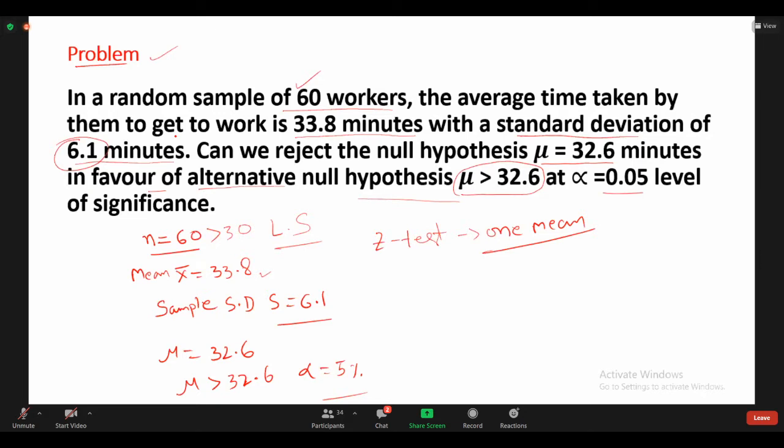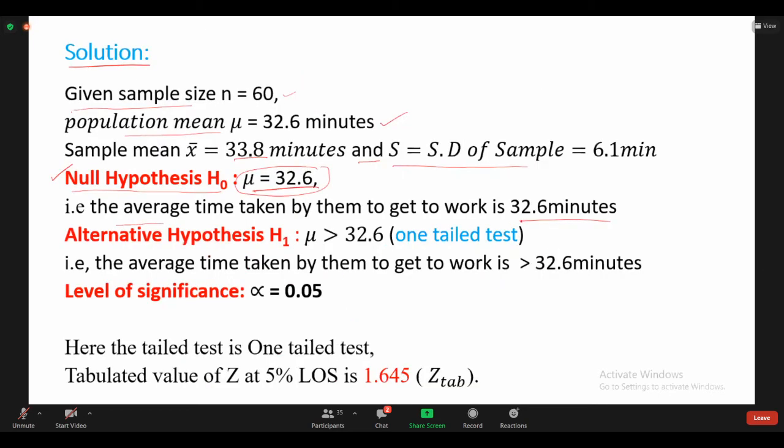But here we are assuming initially the hypothesis is the null hypothesis, the population mean is equal to the estimated mean. The average time taken by them to get to work is 32.6 minutes.